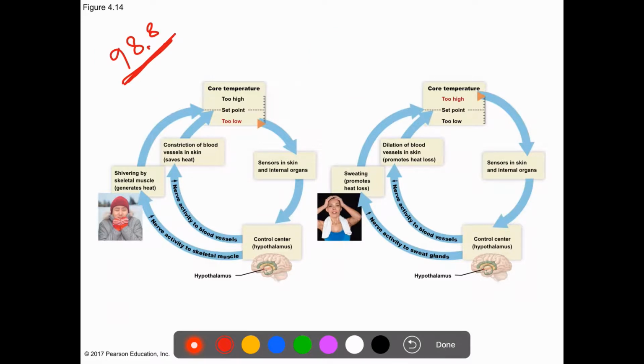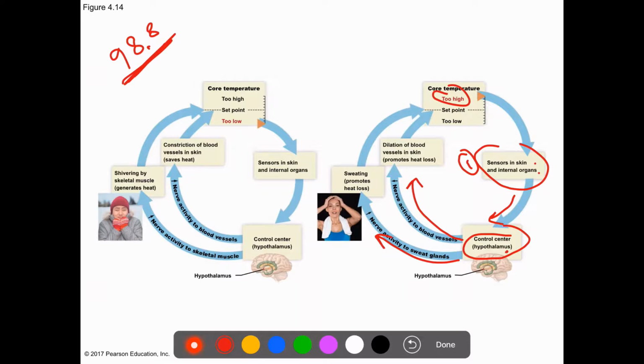Now, if the temperature is too high, then the sensors in the skin and in the internal organs will sense these changes. That is number one. Then they will send to the control center, which is an area in the brain called the hypothalamus. The hypothalamus will send to the effectors.